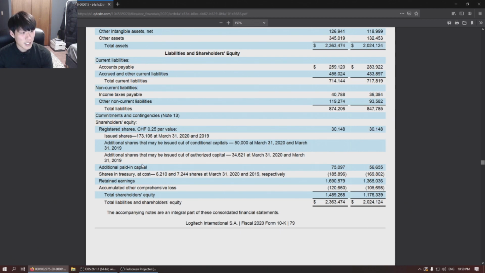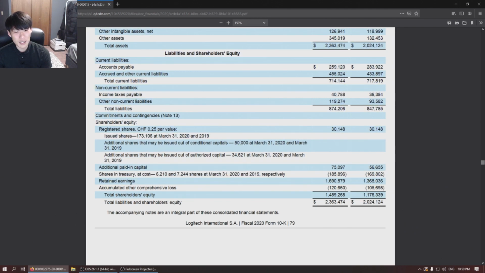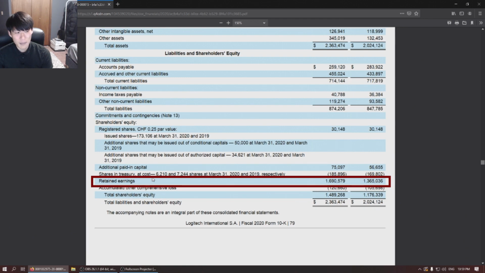So as you can see here, additional paid in capital, that is what that number actually represents. After workers, employees, banks, all the liabilities are paid out and everyone's paid, whatever's left over, this is what the estimate additional paid in capital is. Okay. Retained earnings. You'll typically see this on a lot of balance sheets.